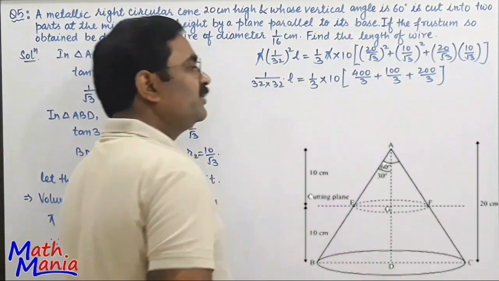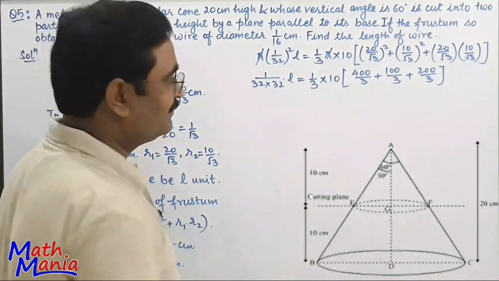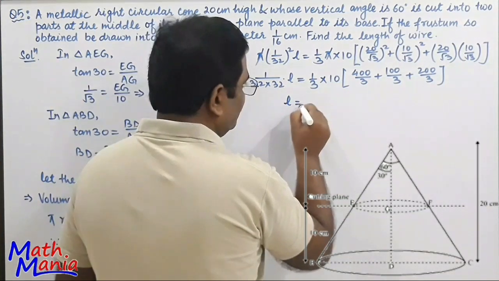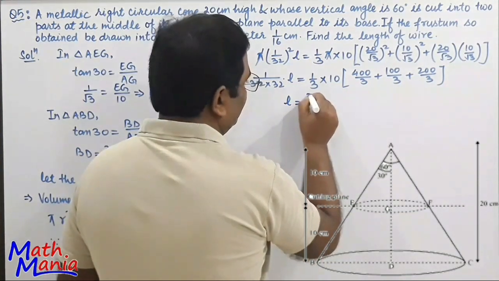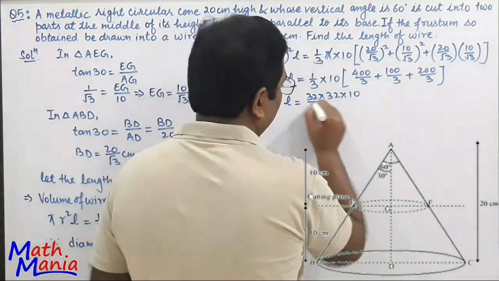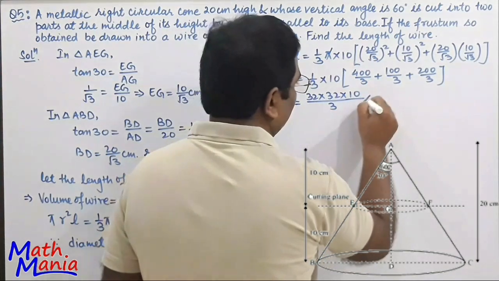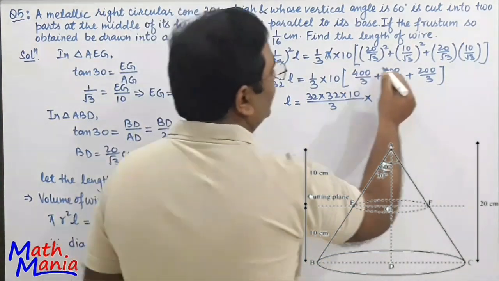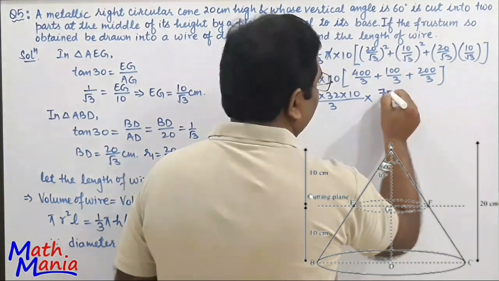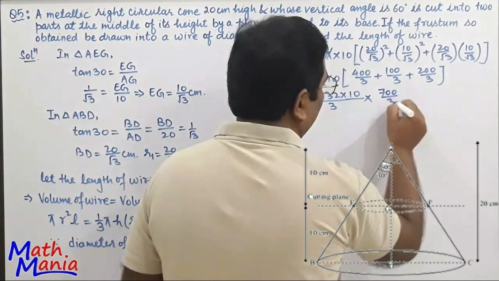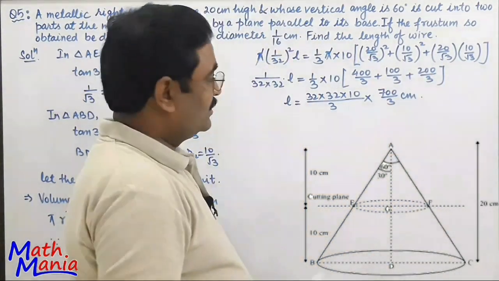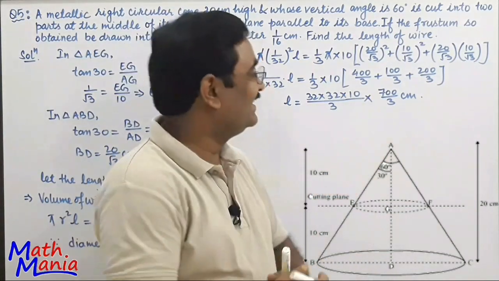As all the denominators are 3, we can add easily. Therefore, length of wire is equal to 32 into 32 into 10 upon 3 multiplied by (400 plus 100 plus 200), that is 700 upon 3 centimeter. So this value will be in centimeter.